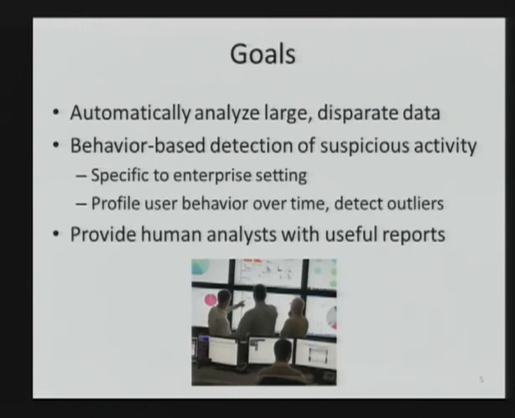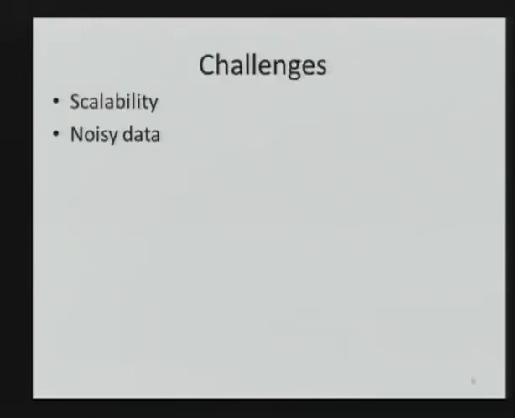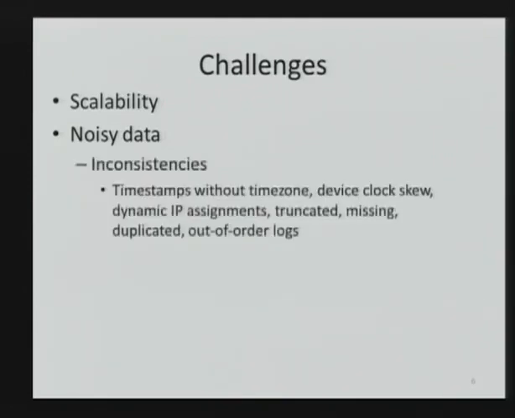But it is not so easy to work with log data. For one, any technique that we develop must be able to process terabytes of data efficiently. The logs themselves are also extremely noisy. For example, the logging devices are located in different geographic locations, and they may or may not include time zone with their timestamps, and may or may not record timestamps according to their local time zone.